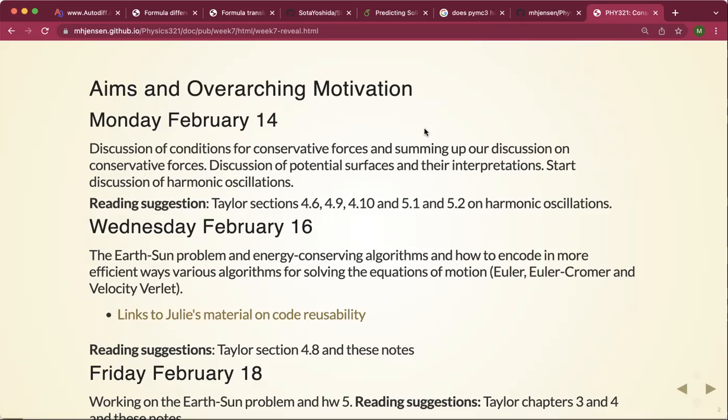Then on Wednesday, we are going back into this split mode, but Julie is going to show us a little bit more how we can write code in a smarter way, so we can make things a little bit easier for ourselves and reuse code when we are solving the different homework exercises, because you probably notice now that what you did in homework 3, what you did in homework 4, you were reusing much of the same machinery.